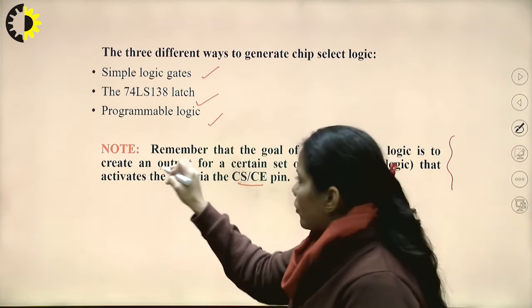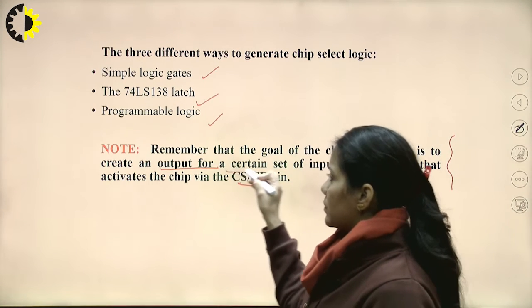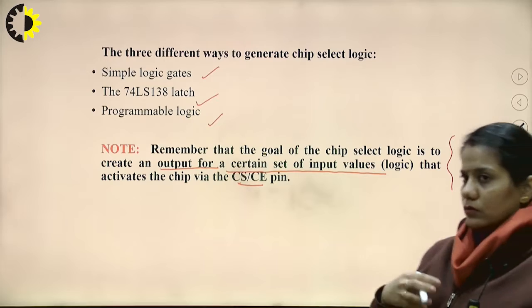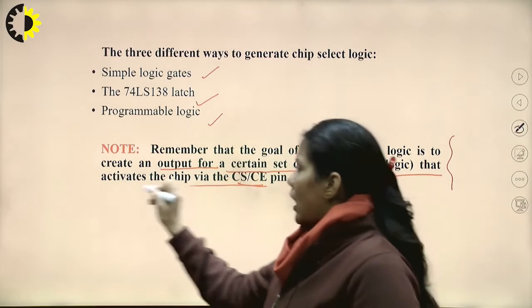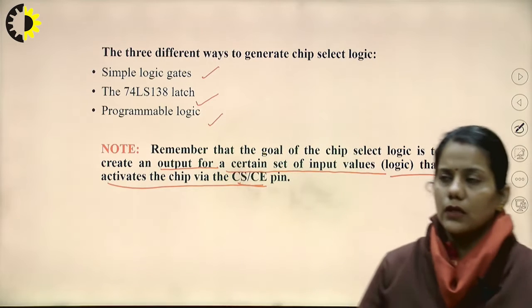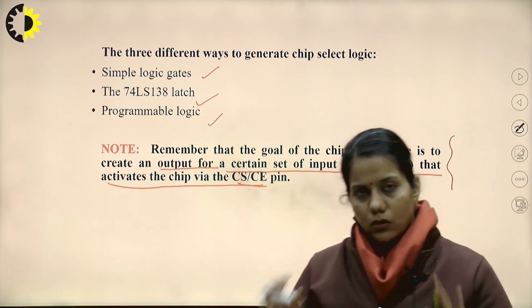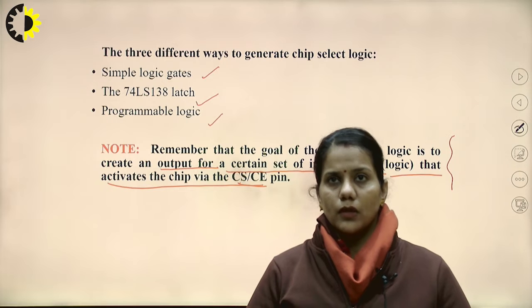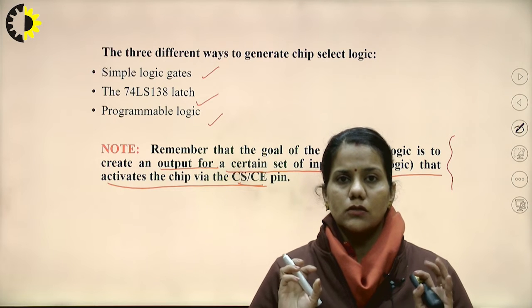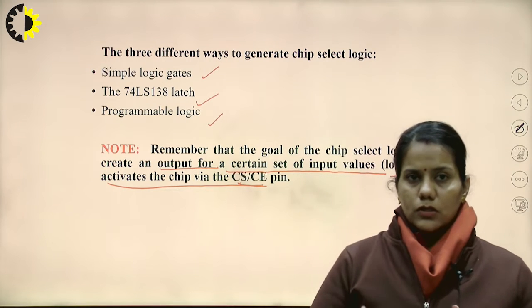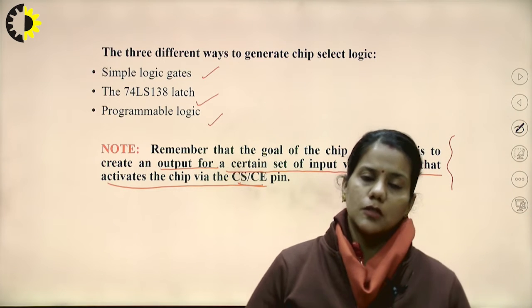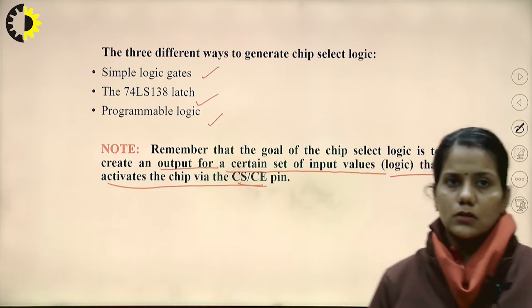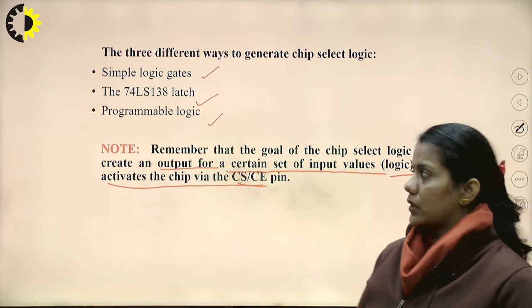So we have to create a logic in such a way that the input values are given to that logic circuitry, and the output must enable the chip select pin. That's it. So this is what is defined as the chip select logic.